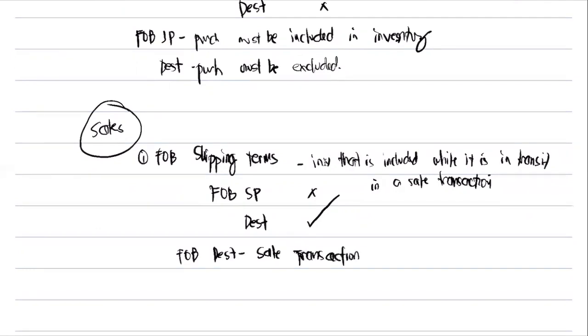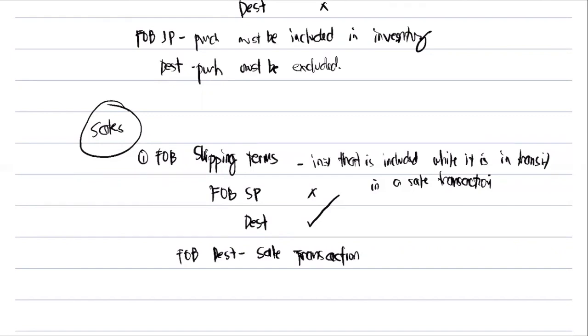So again, we need to determine when we say that the item is really part of our inventory. So we need to look at the risks and rewards of ownership. What are the risks and rewards of ownership under FOB shipping terms? Under FOB shipping point, the risks and rewards of ownership are transferred at the time of shipment, while under FOB destination, the risk and reward is transferred at the time it reaches the destination.